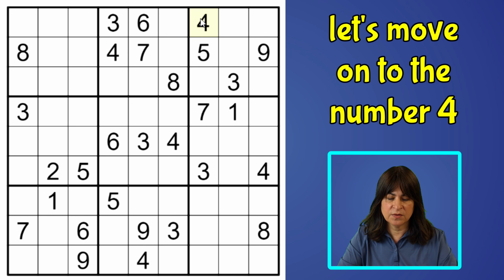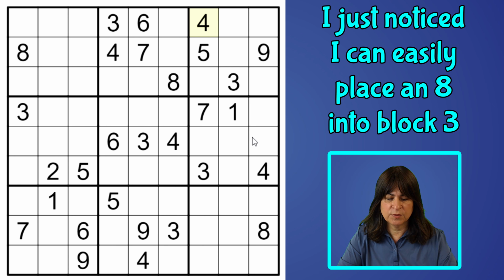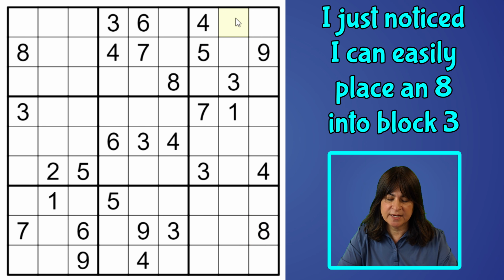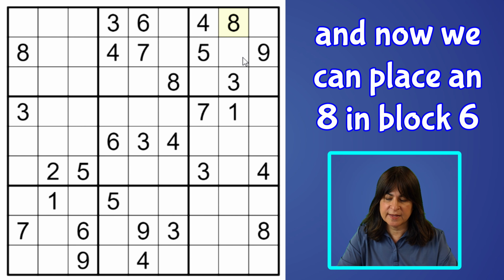And okay, here, the number 4, we have a 4 here, a 4 here, and a 4 here. Oh, okay, one second. This 8 is pointing into block 3, and these 2 8's are also pointing into the block. So I can easily place an 8 here, so let's go ahead and place the 8 here. And now because of that 8 and this 8, we can place an 8 here.